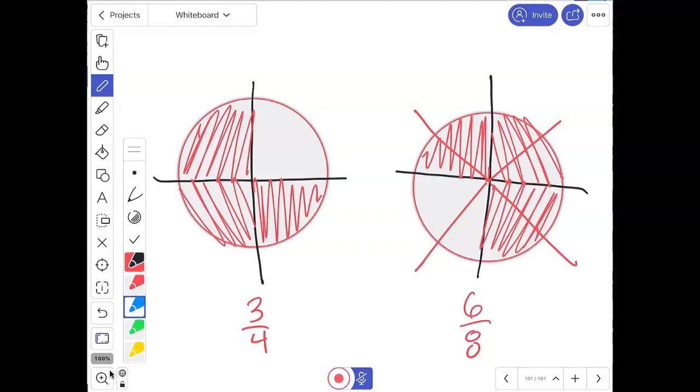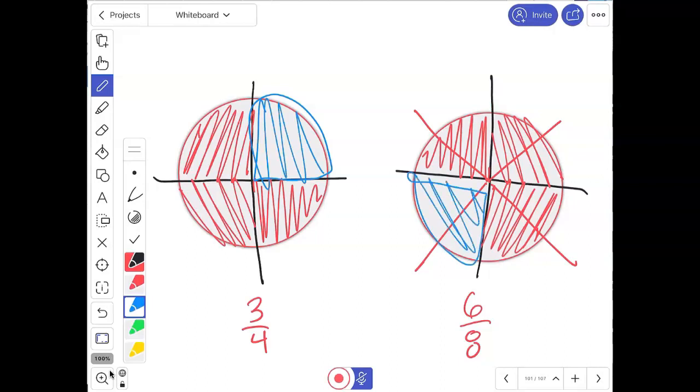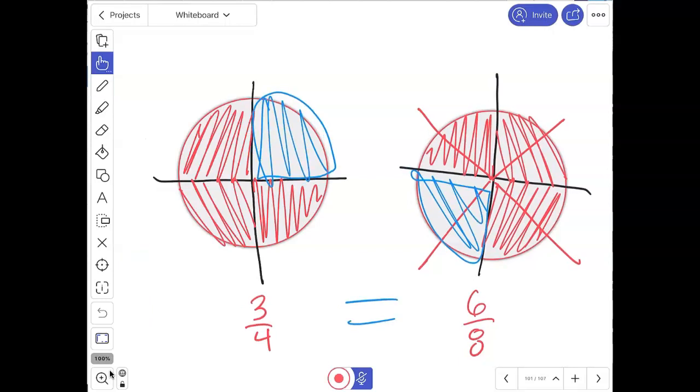Because the unshaded part is here on this one, and it's here on this one. So the first time you look at it, you're going to go, no, those are definitely not the same thing. But they are. All I did was spin it around. So you're looking at the same amount shaded, not the exact same parts shaded. These are equivalent. Doesn't matter that this one is spun around and upside down.